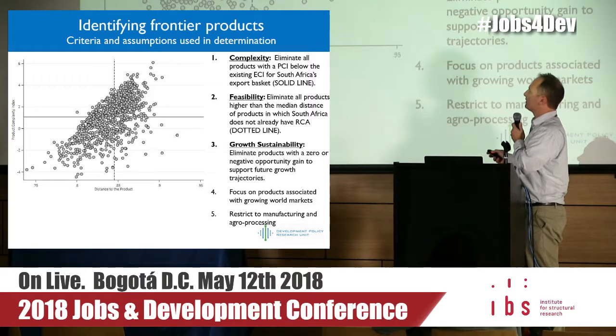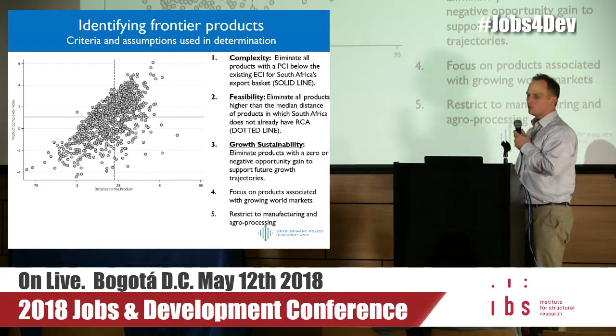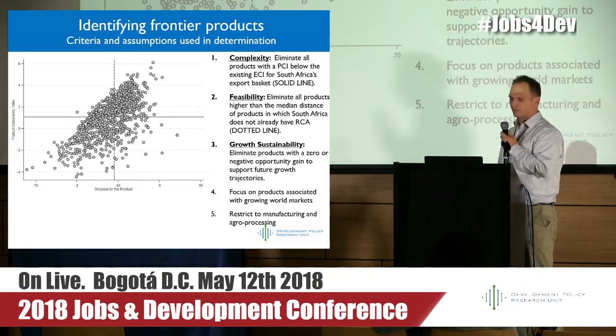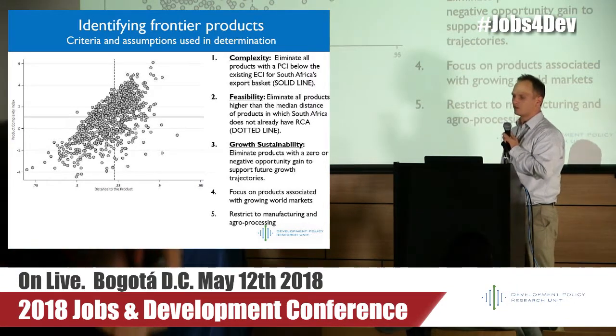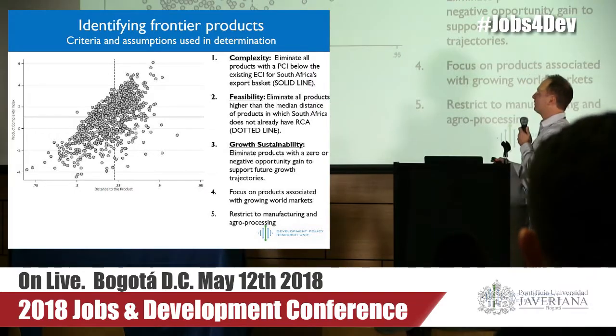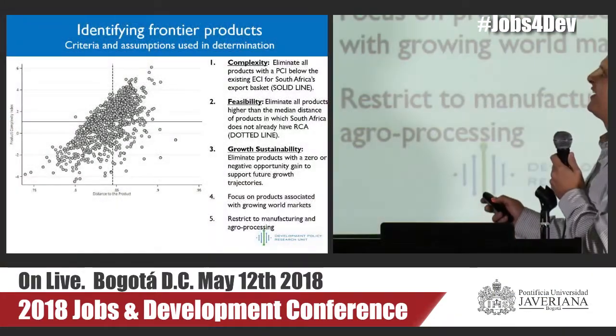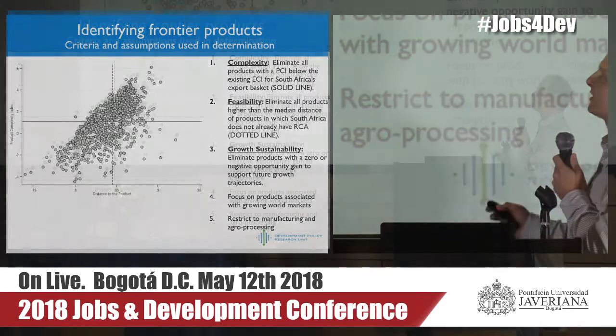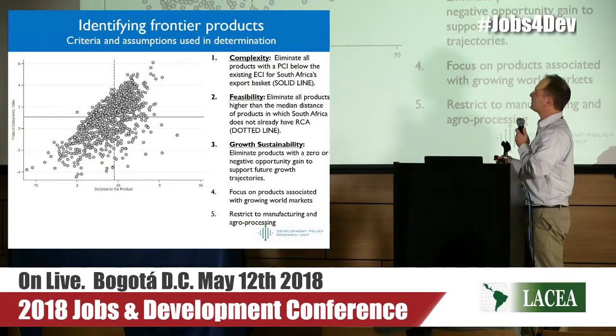Then we want feasibility, so we eliminate all products that have a higher than median distance of the products in which South Africa does not already have a revealed comparative advantage. They need to be relatively close. That dotted vertical line is another cutoff. So we focus on this top left quadrant, which represents the frontier products.